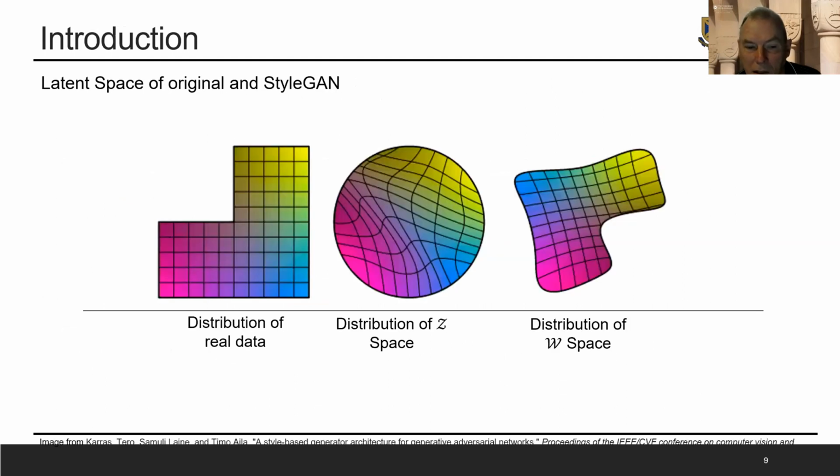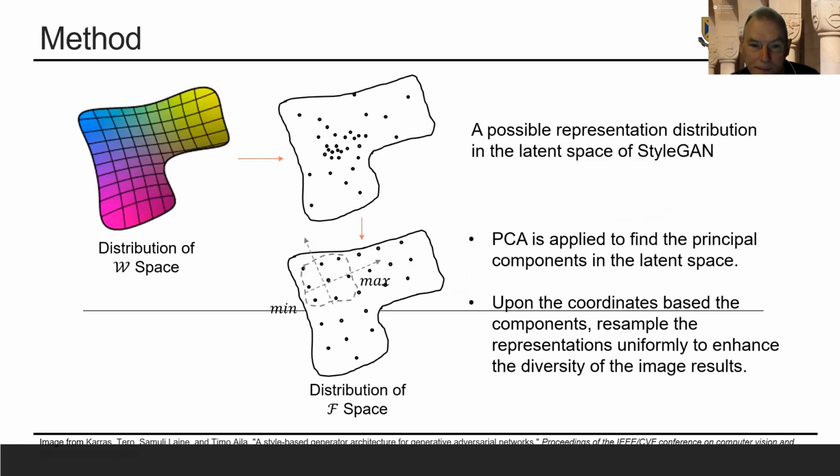This is from the Karras paper, and it shows how your real data might be distributed. You go to a latent space transformation to produce a nice compact space where you can do sampling. There's also what's called a W space, which is a transformation of that space that improves the orthogonality of various attributes, so it improves the disentanglement of these properties.